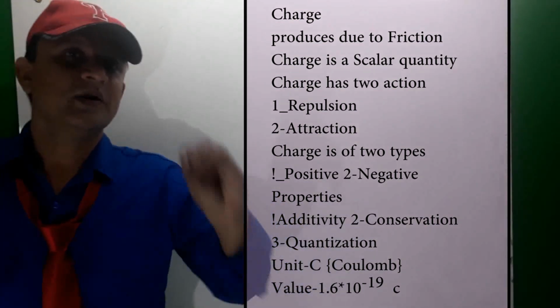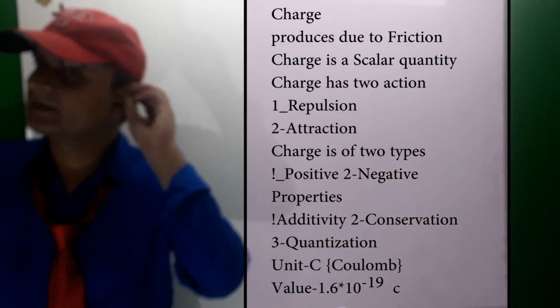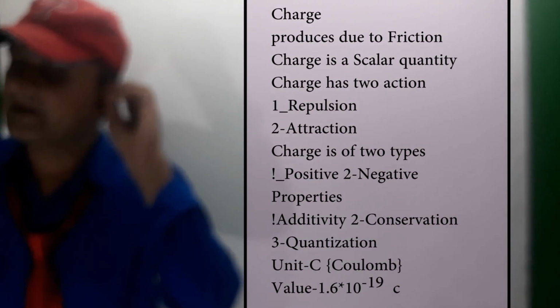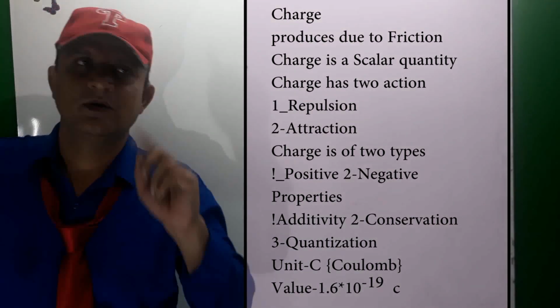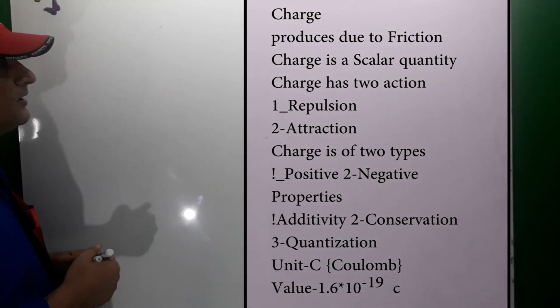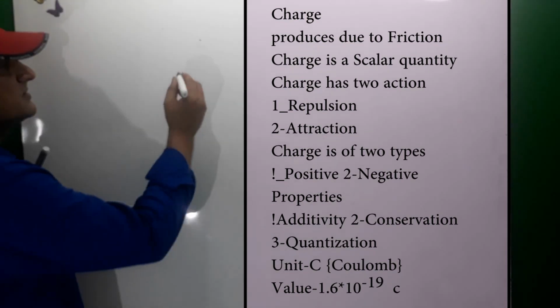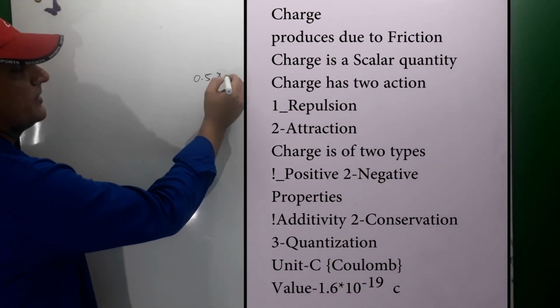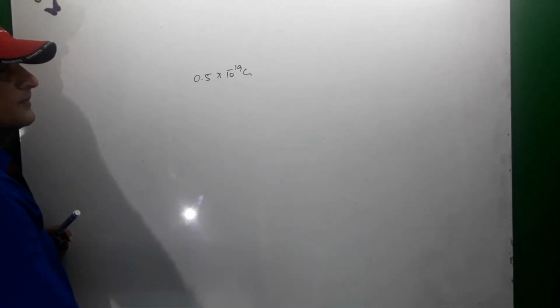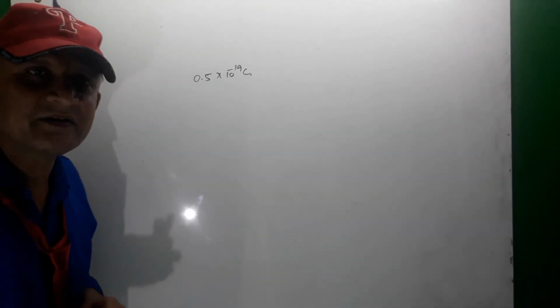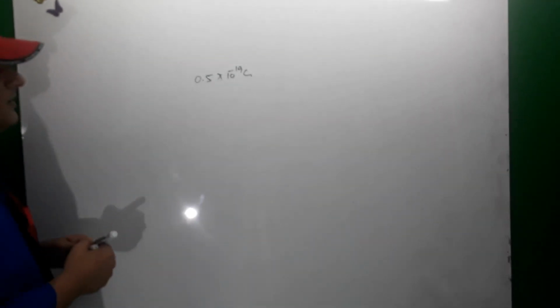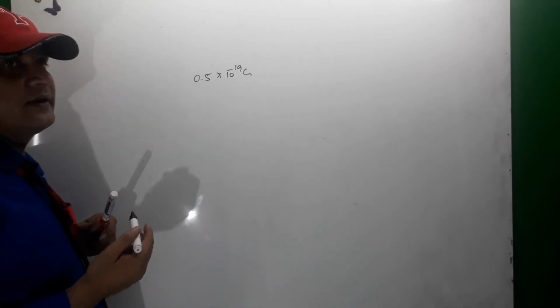You can never divide the charge. You can never find the answer 0.5 × 10^-19. It is not possible. Charge can never be divided.